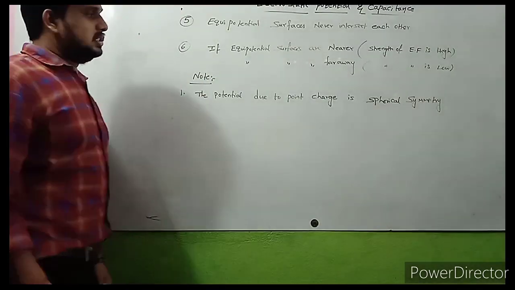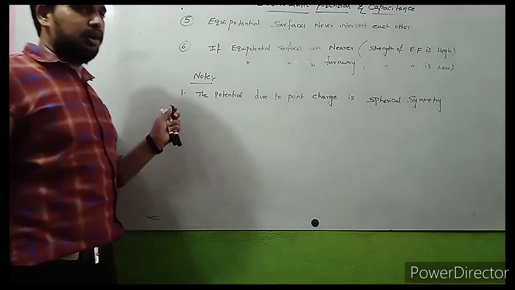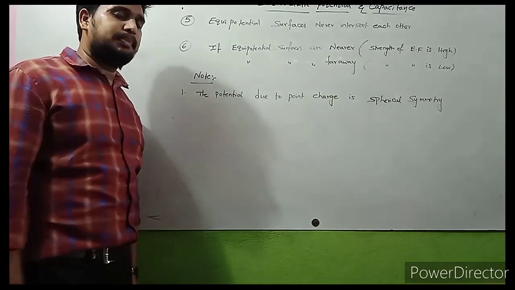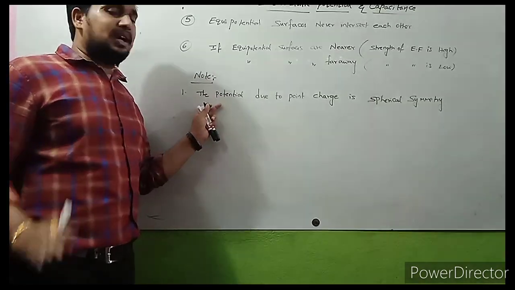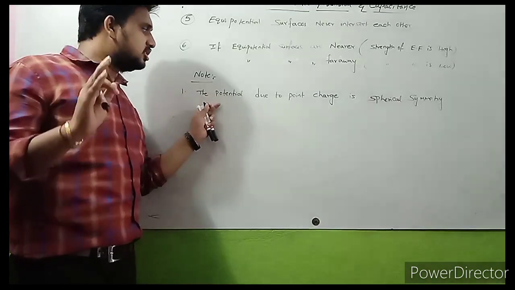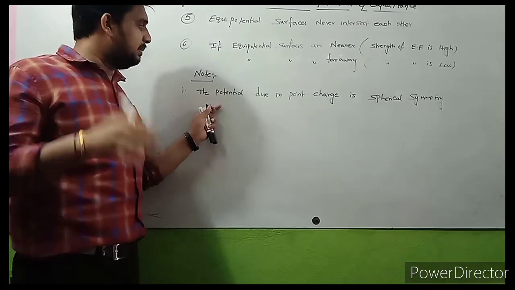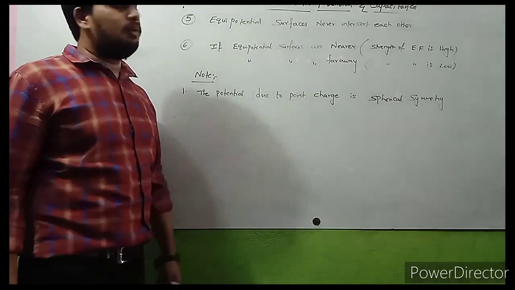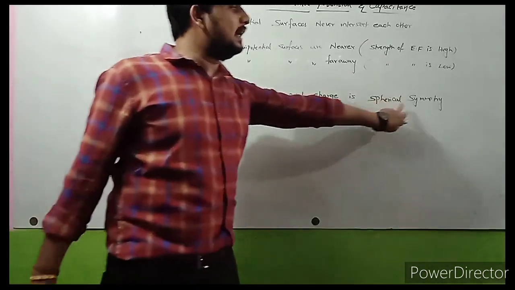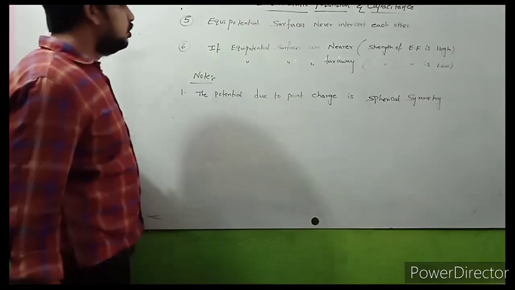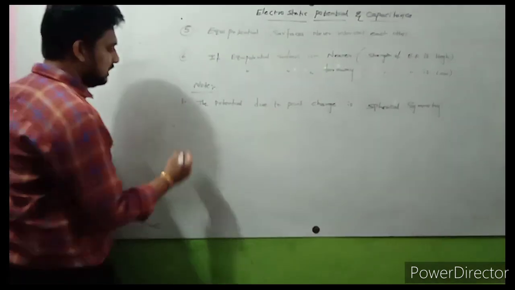Very, very important. One more question they will ask this. That means what is the nature of symmetry of potential due to point charge? What is the nature of symmetry? Spherical symmetry. Potential due to point charge is spherical symmetry.